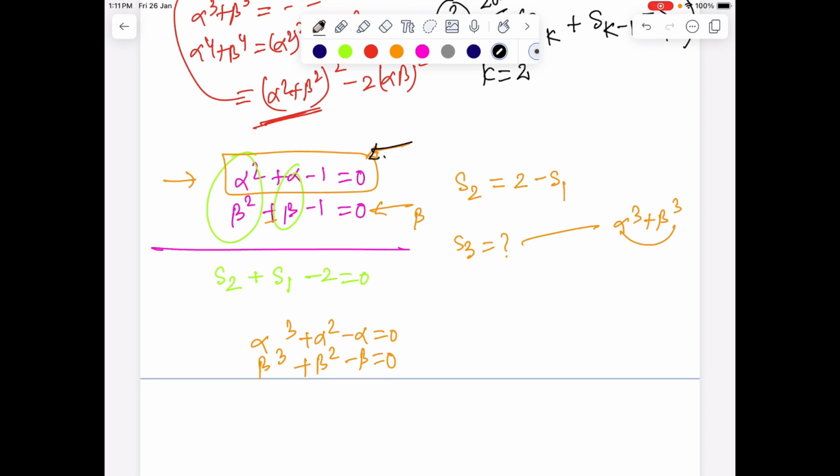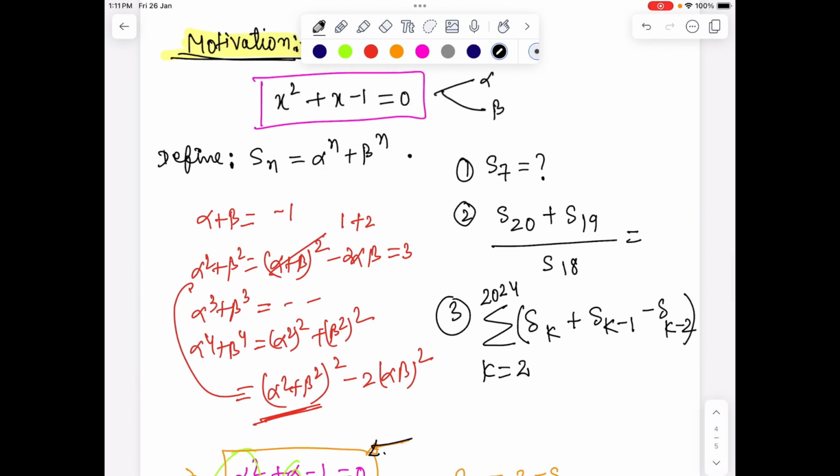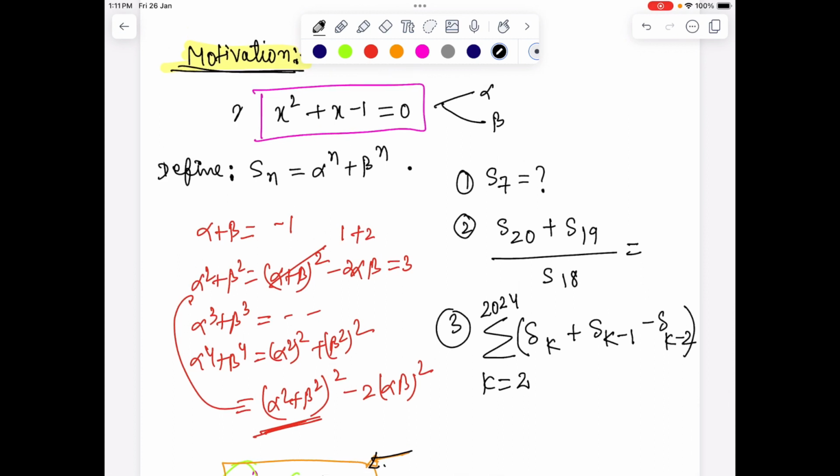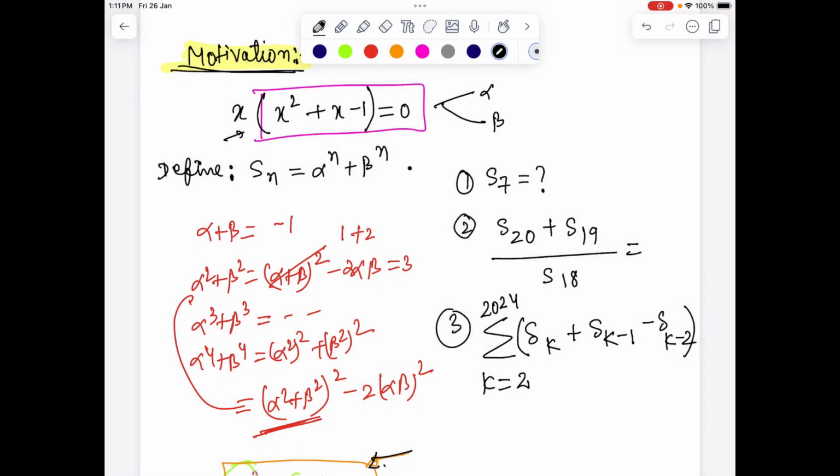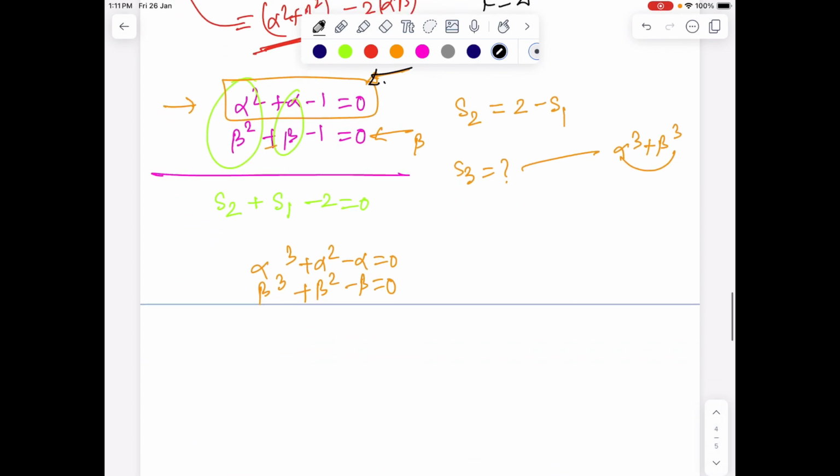Because this equation x square plus x minus 1 is satisfied by alpha and beta. Right now I multiplied with x and then put x equals alpha and beta. By doing so, I have forced one extraneous root, x equals 0.